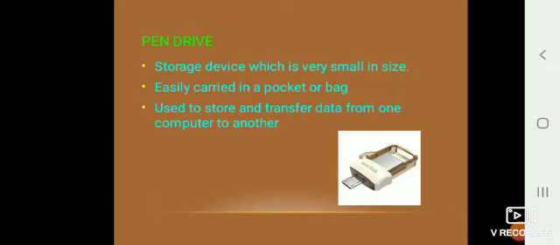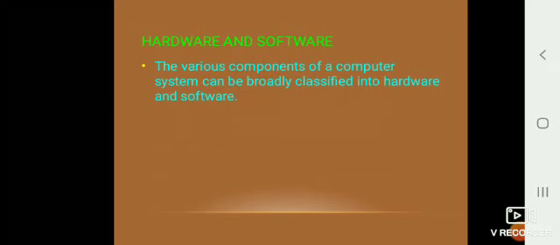So we have seen hard disk, CD, DVD and pen drive as the storage devices. The next topic we are going to discuss is hardware and software. A computer has various components and it is classified into hardware and software.